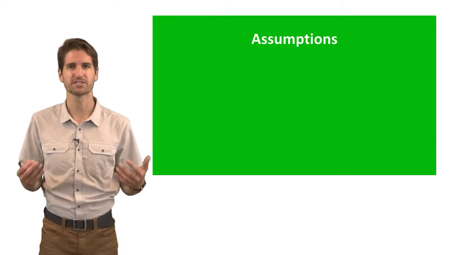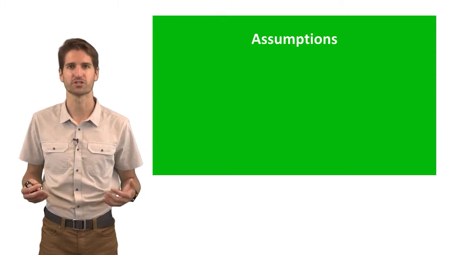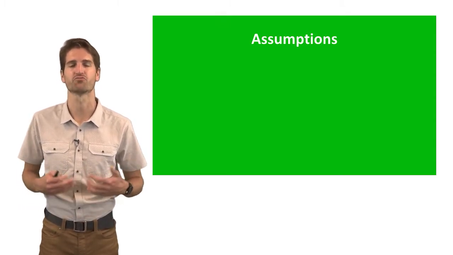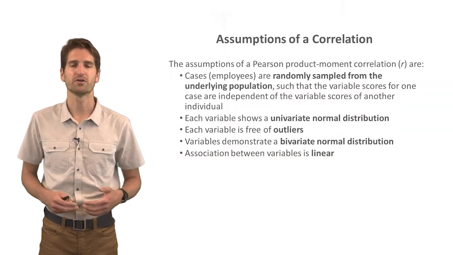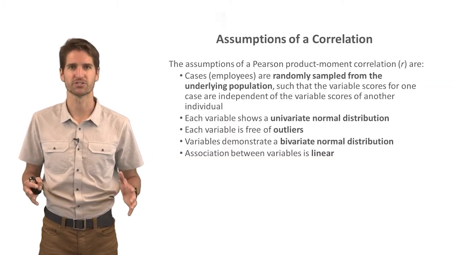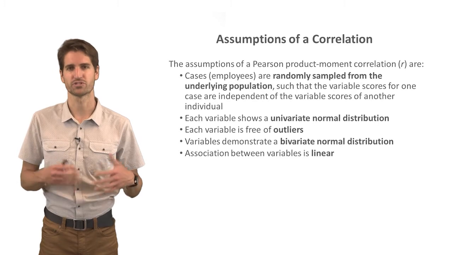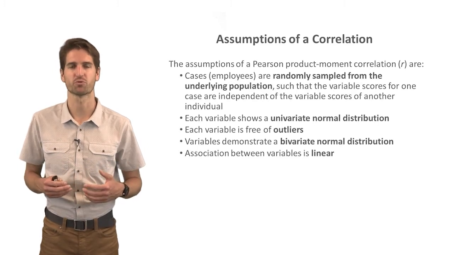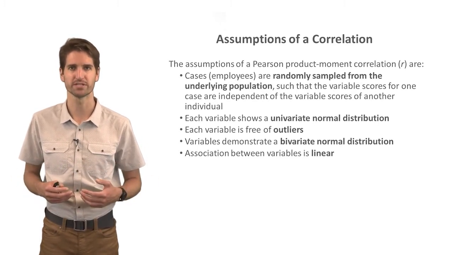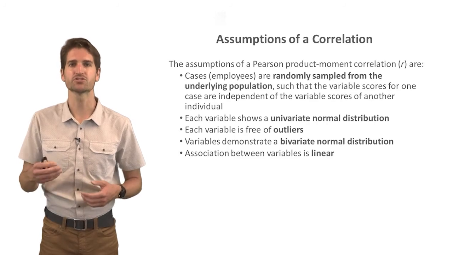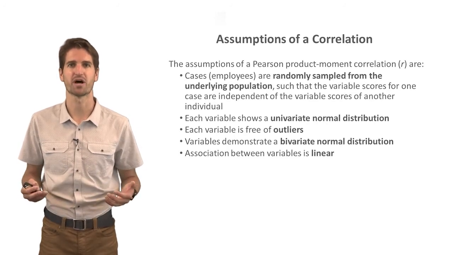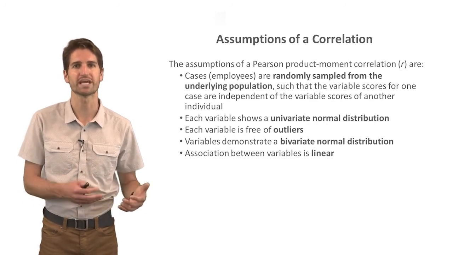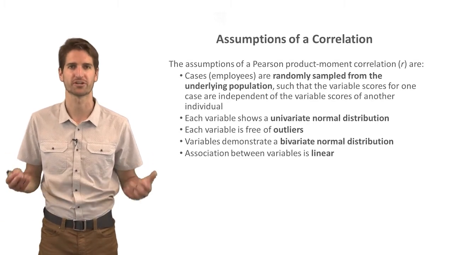So let's talk about the statistical assumptions underlying a correlation. What assumptions need to be met to even run a correlation? Well, here are the assumptions that we'd like to focus on. First, cases, which in human resource management, we're often interested in data about employees or people. The cases are randomly sampled from an underlying population such that the variable scores for one case are independent of the variable score for another case.